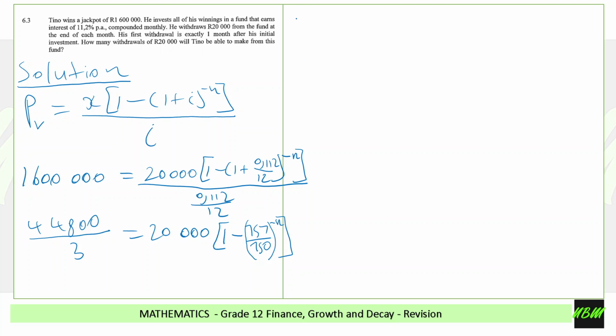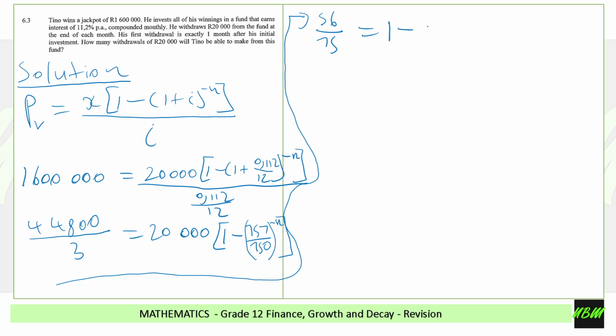Then we get 56 over 75 is equal to, on the right hand side, when we divide by 20,000, we'll be left with 1 minus 757 over 750, and then this fraction is raised to minus n.